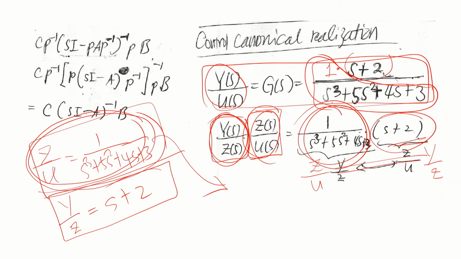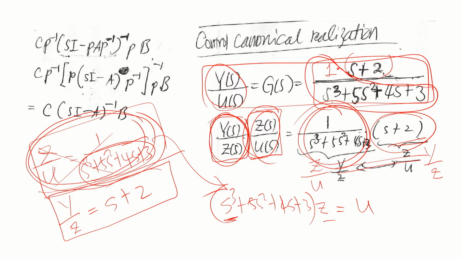Okay, so if you just multiply in this fashion, then this guy times that would be s cubed plus 5s squared plus 4s plus 3, times z, and u, okay, and s cubed times z. What is the time domain counterpart of s cubed times z?